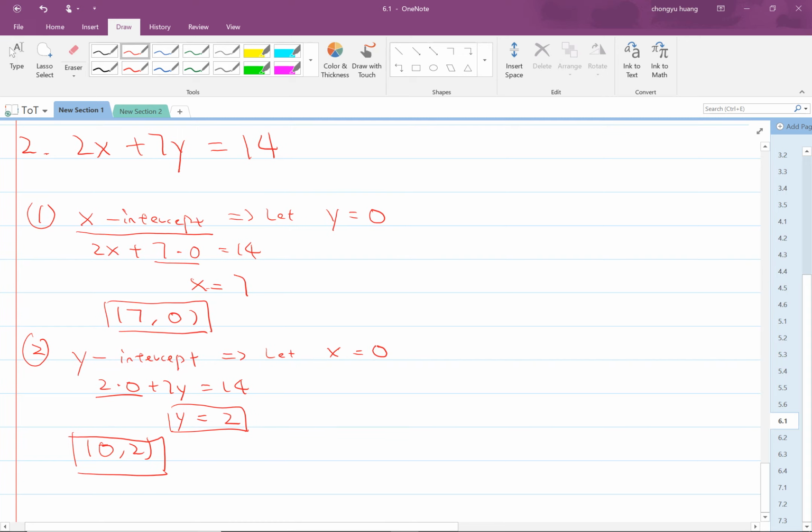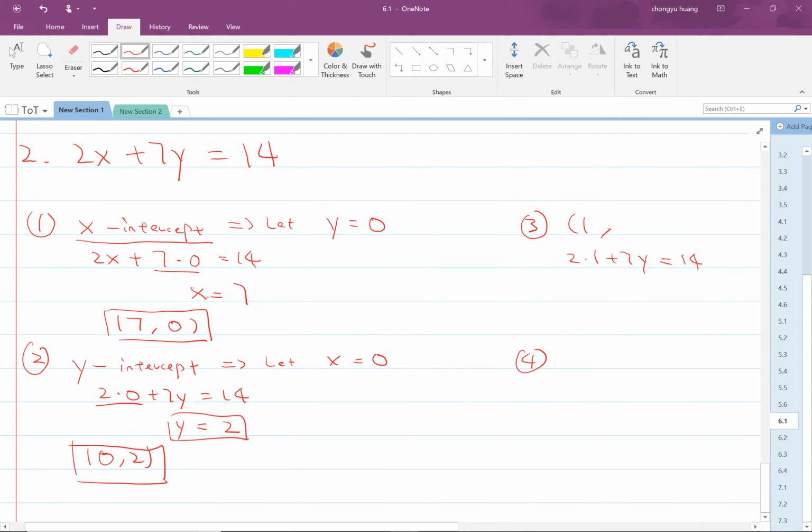And for the third point and the fourth point, you can plug in any number you want. So what about we plug in x equal to 1 first? We have 2 multiplied by 1 plus 7y equal to 14. 7y is equal to 14 minus 2, which is 12.